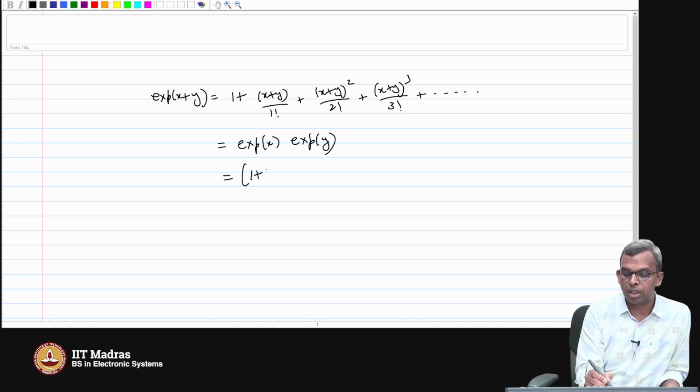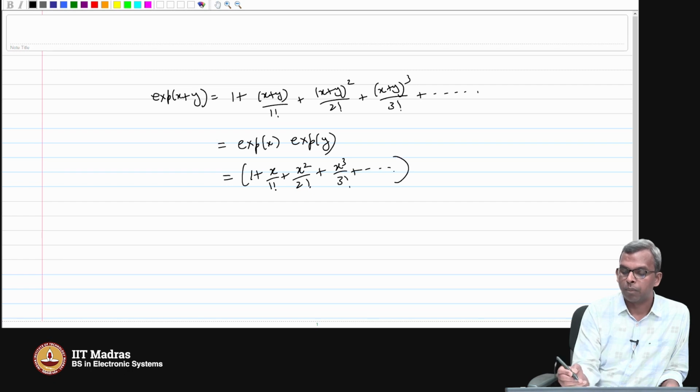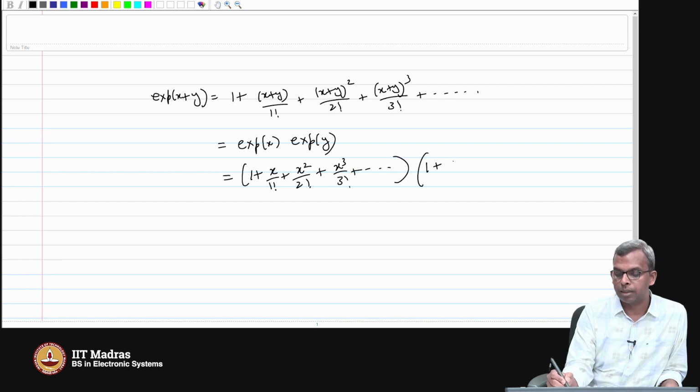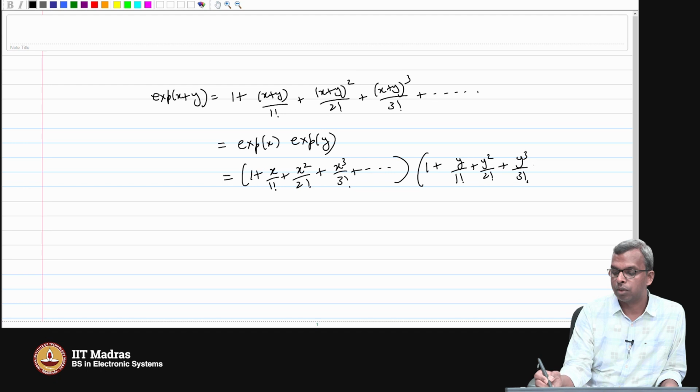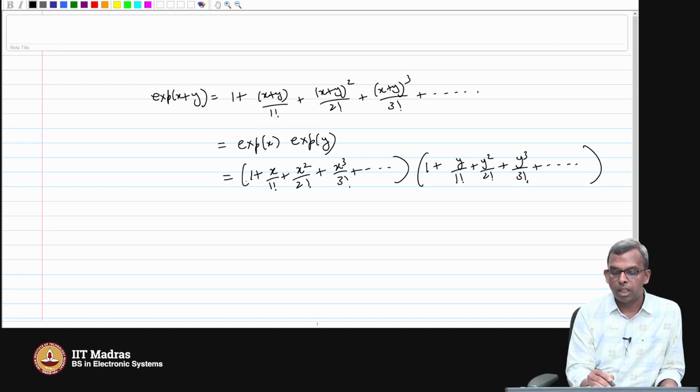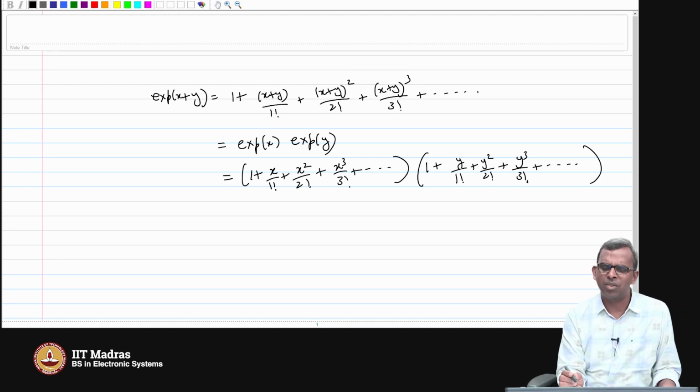And what is the exponential function at x? 1 plus x by 1 factorial, plus x squared by 2 factorial, plus x cubed by 3 factorial, plus so on, multiplied by 1 plus y by 1 factorial, plus y squared by 2 factorial, plus y cubed by 3 factorial, and so on. So here, how do you multiply series? We have not formally seen all these things, but let's say the regular polynomial type multiplication works.